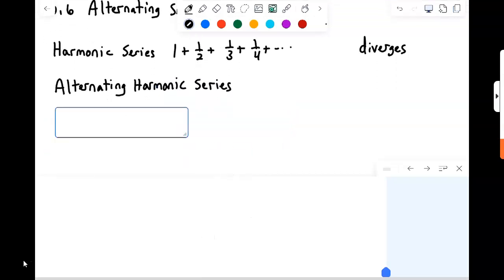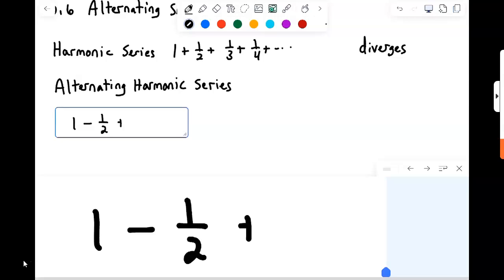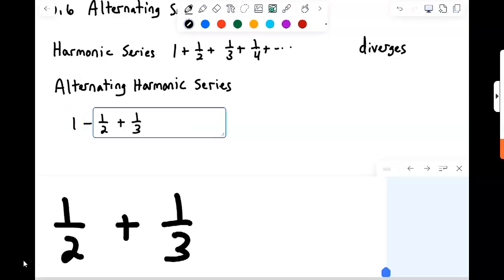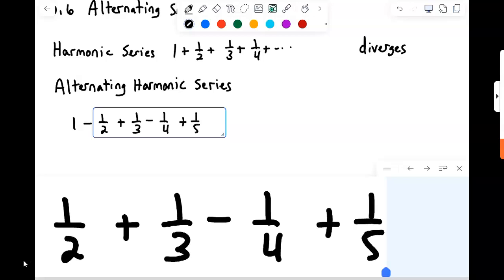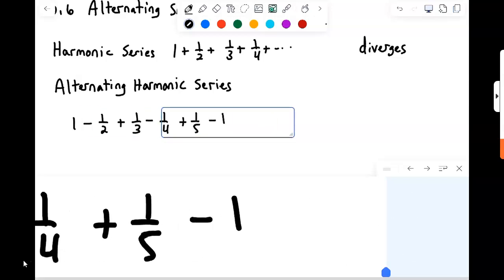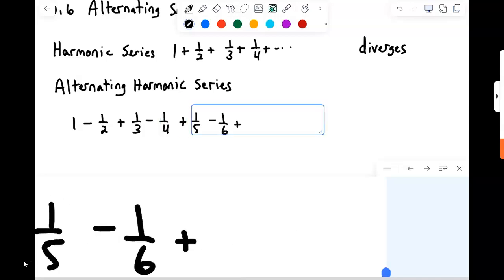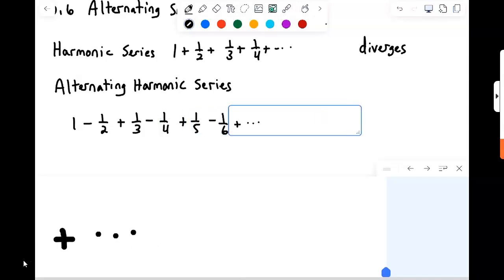In other words, looking at the series 1 minus 1/2 plus 1/3 minus 1/4 plus 1/5 minus 1/6 plus and so on forever.